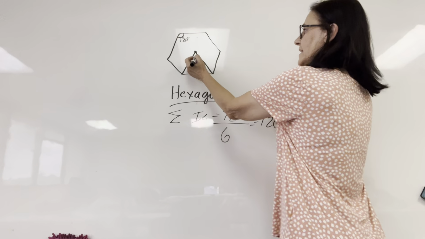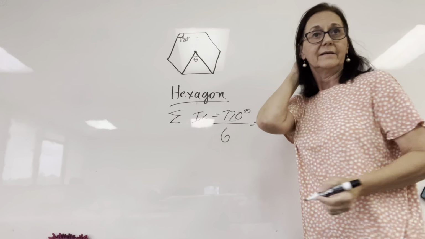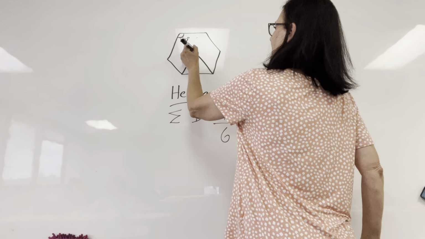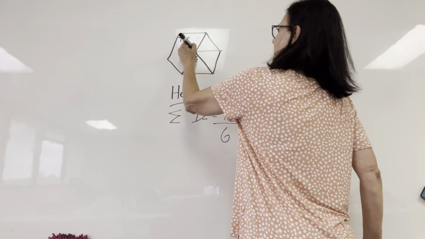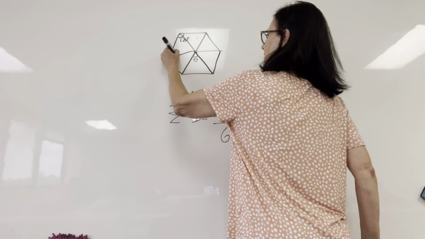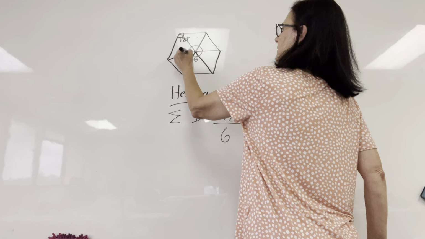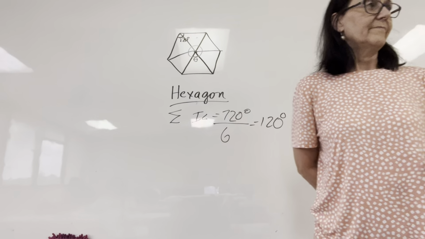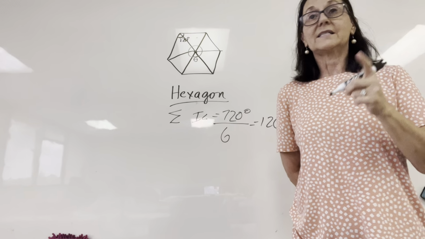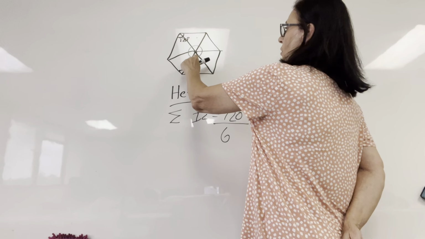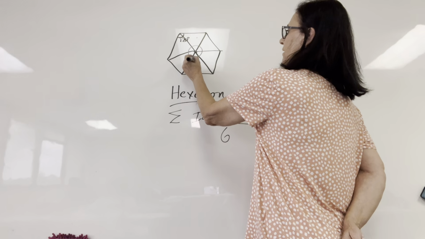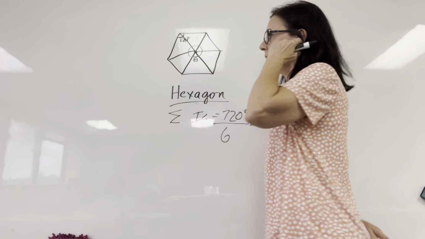All right, what is this angle going to be? Let's draw every radius. That's 120. All the way around is how many degrees? 360. So how would I get this one angle theta here?